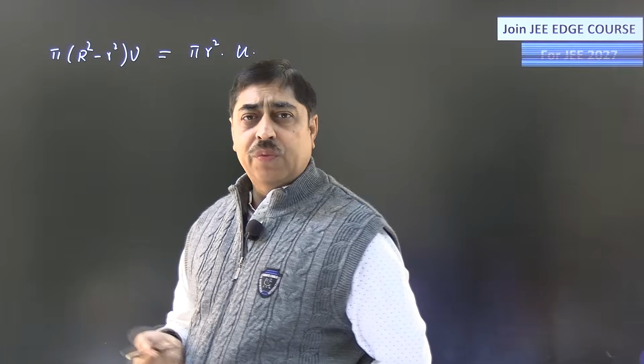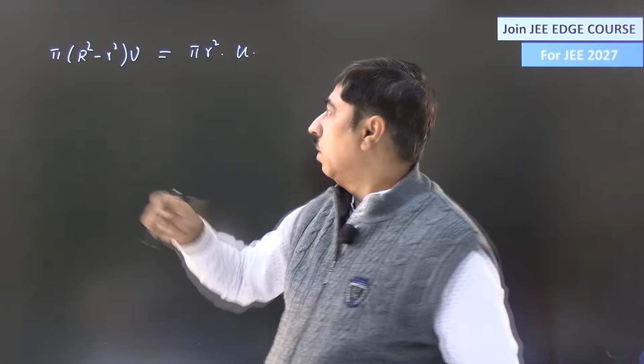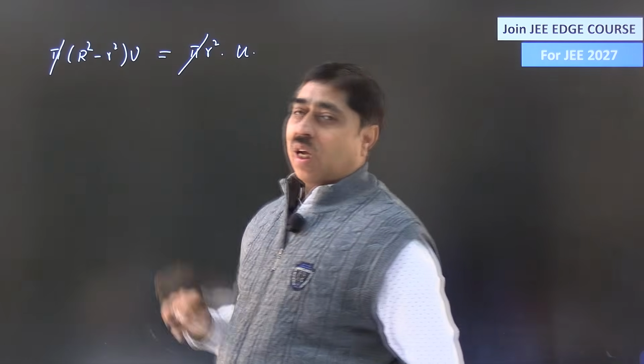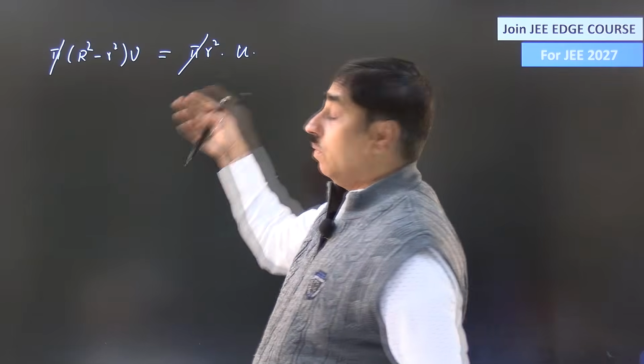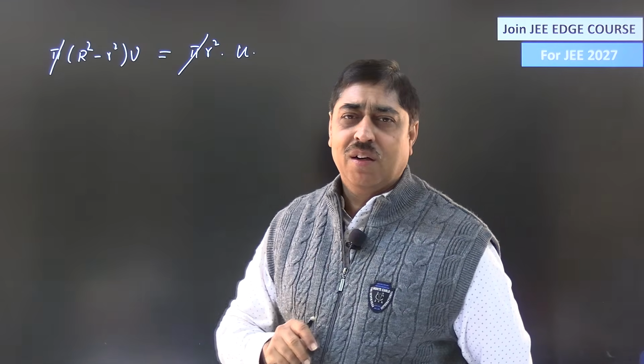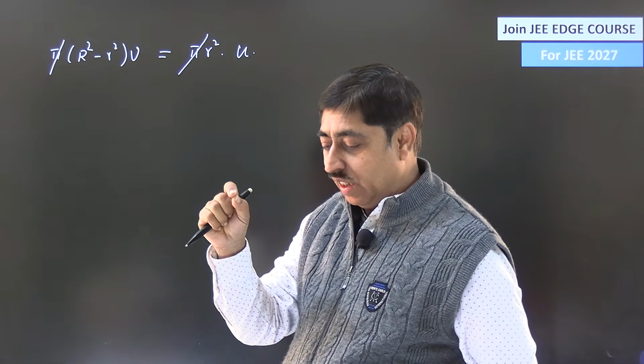Okay, u is very small compared to v. In fact, this is the exact relationship. Pi cancels out. Capital R is 30, small r is 25. You can work out the value of u in terms of v. So u is sufficiently small compared to v. That is what I am saying. You have released the cylinder.